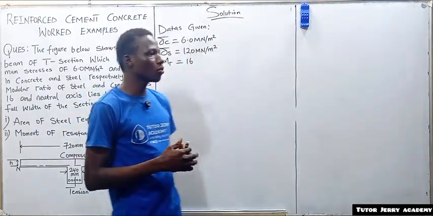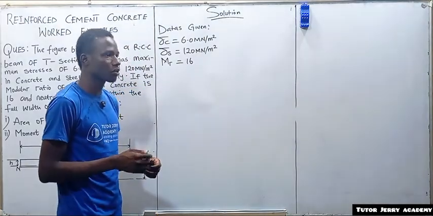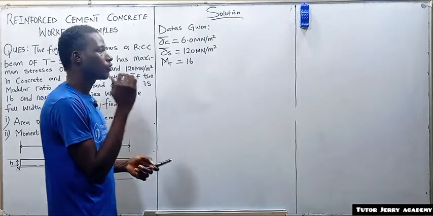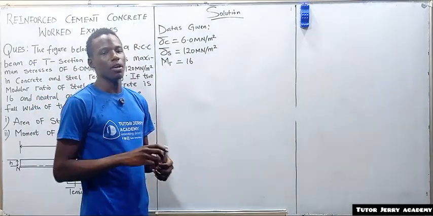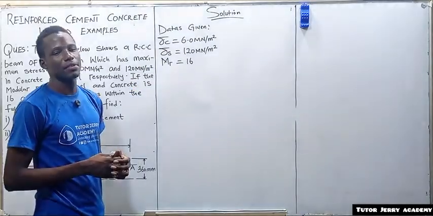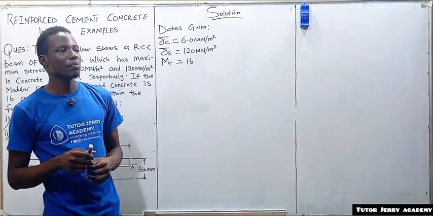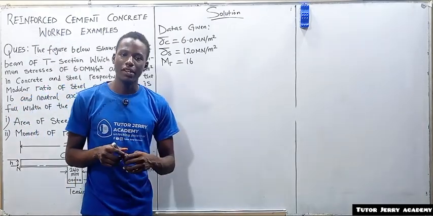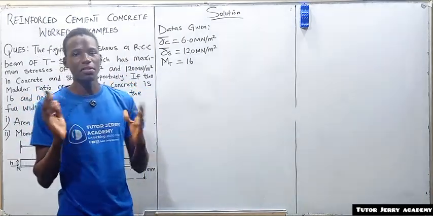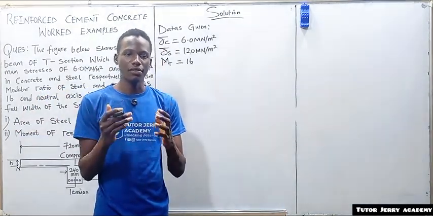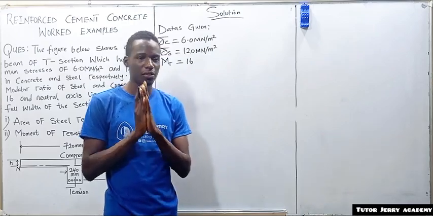One of those relations is nothing but the formula sigma S all over sigma C is equal to m subscript r into the bracket of d minus h, all over h. This formula was derived in our previous lesson, so it's very important to watch our introductory class.